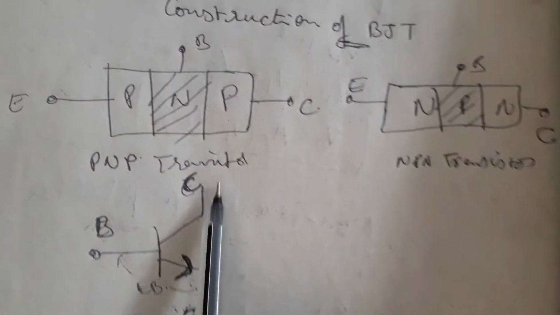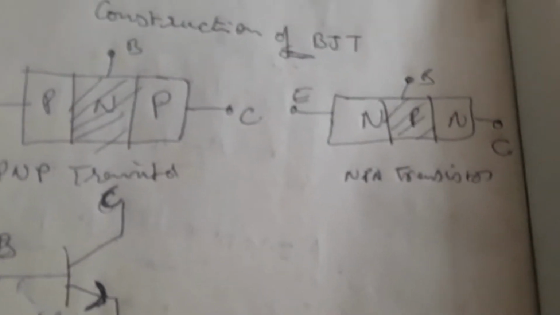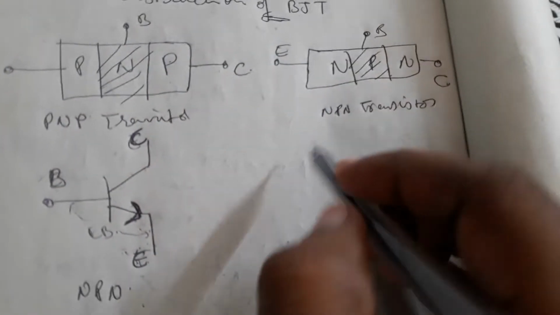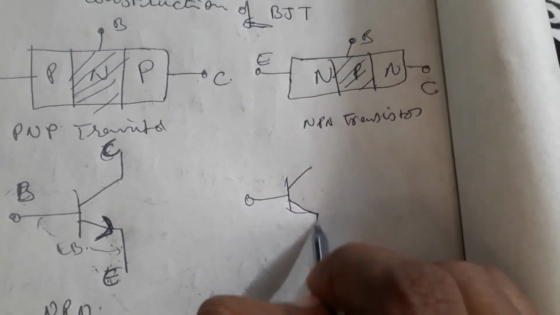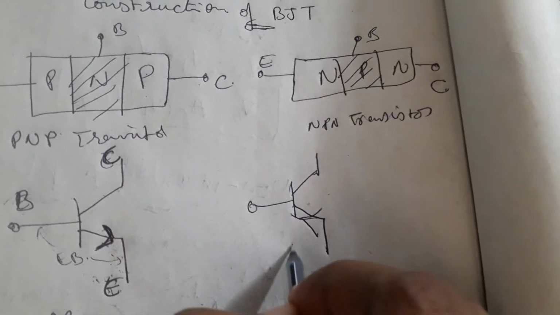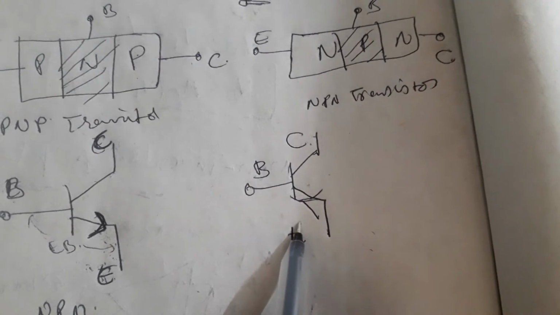The collector is moderately doped. This is the symbolic representation of the NPN transistor, and this is the PNP transistor.